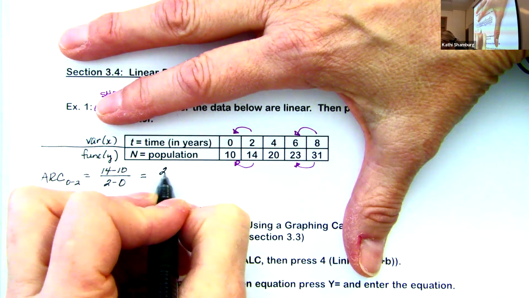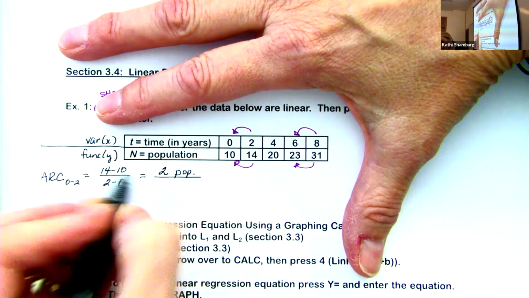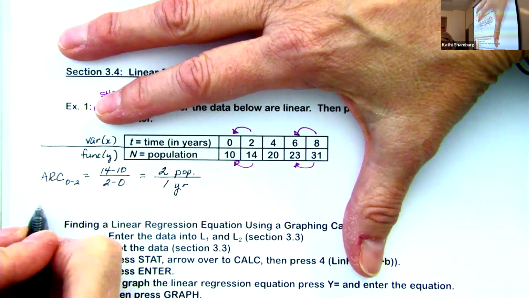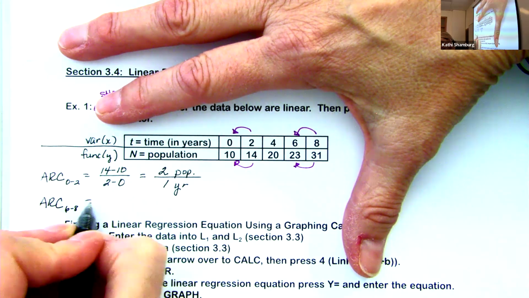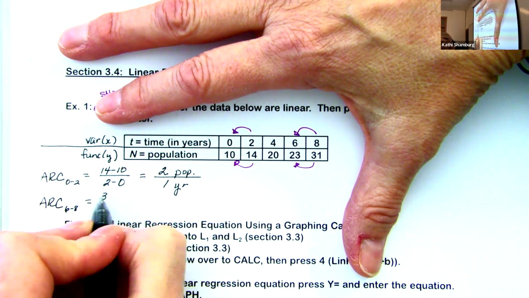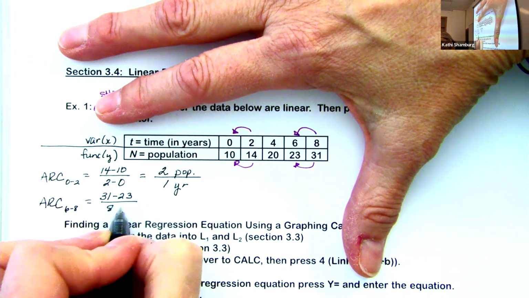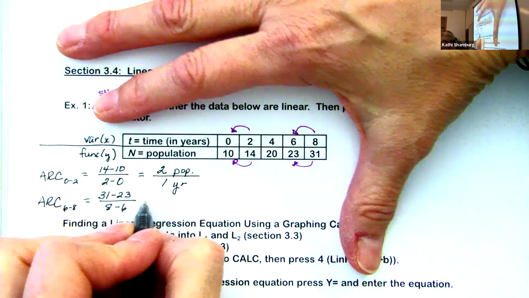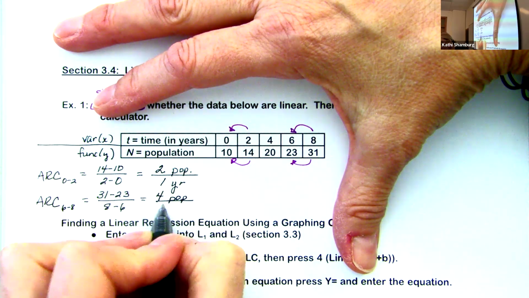Is that what you get? So population, I don't know what units that's in, over 1 year. All right. So then we're going to do the same thing from 6 to 8. So we would have 31 minus 23 over 8 minus 6. Well, that's 8 over 2, which is 4 population over 1 year.